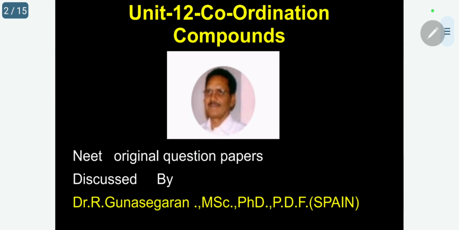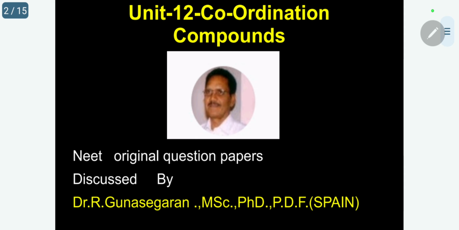One is simple salt, example sodium chloride. Double salt, example Mohr's salt, that is ferrous sulfate, ammonium sulfate, 6H2O, and complex salts, potassium ferricyanide, K3[Fe(CN)6]. So these are the types of salts.